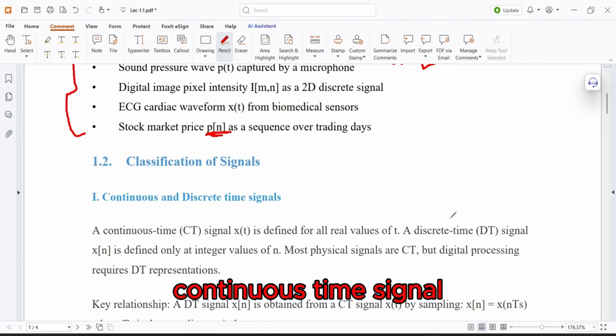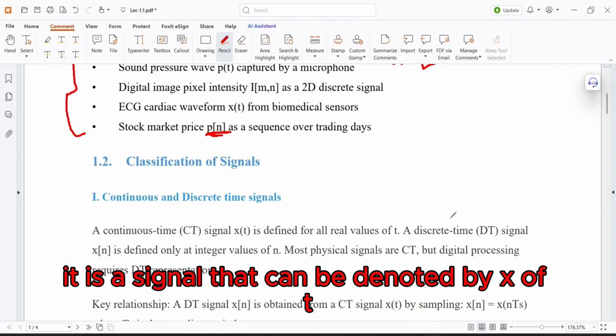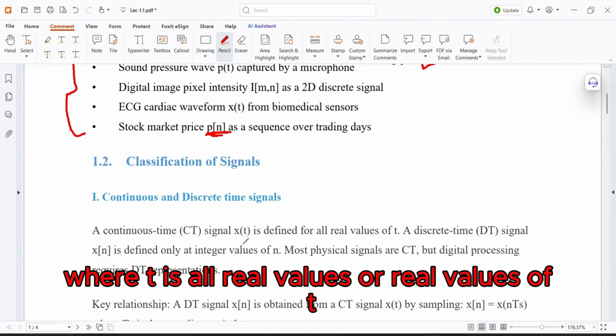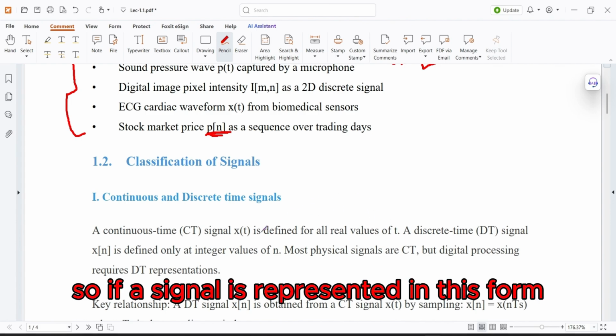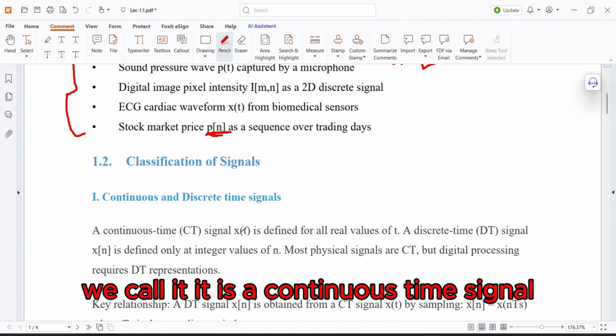When we say continuous time signal, it is a signal that can be denoted by x of t, where t takes all real values. So if a signal is represented in this form, we call it a continuous time signal.